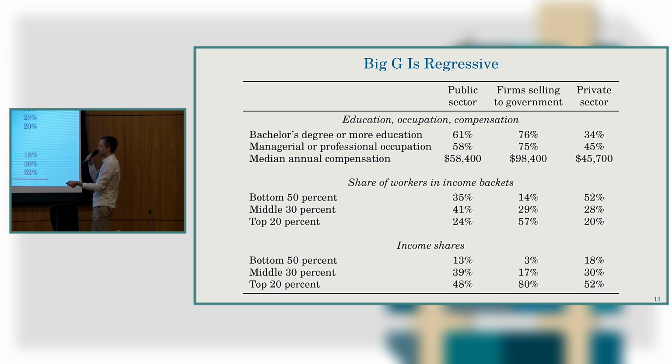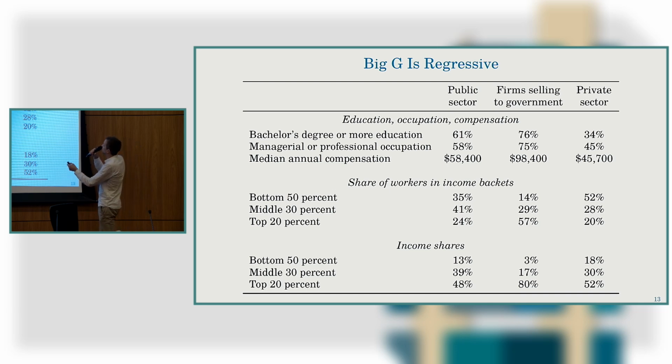For income shares, in the bottom 50 captures 18% of the total income, whereas in the public sector, that's less. So you see that if we were to plot the distribution, the salaries in the public sector are skewed towards higher wages and higher income people.